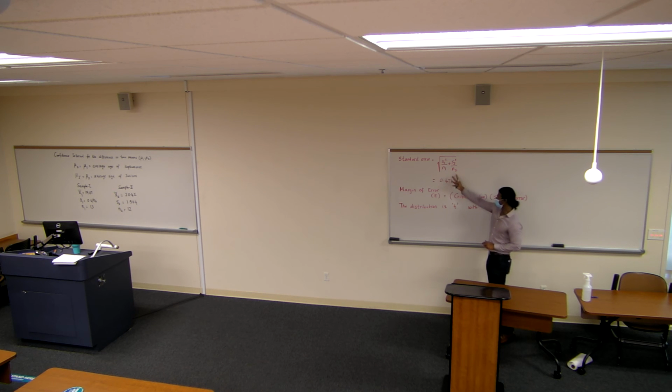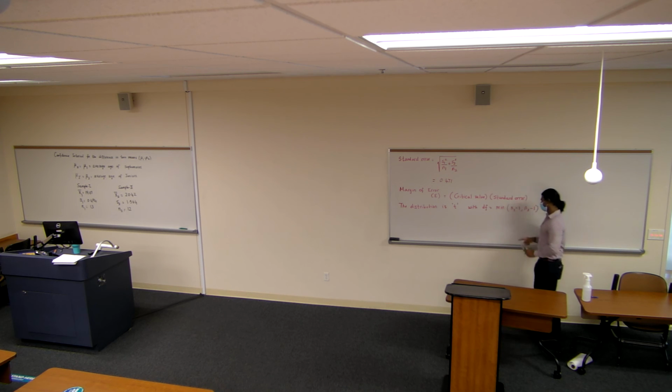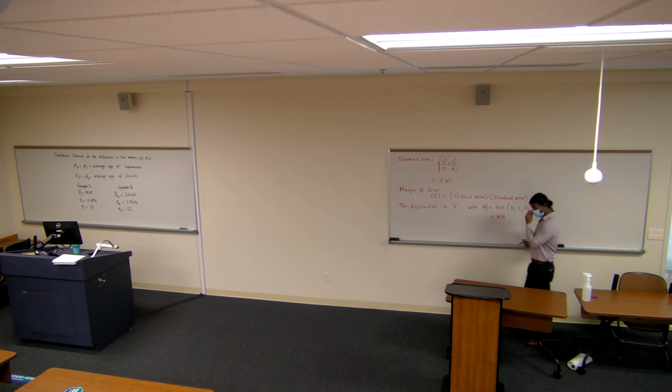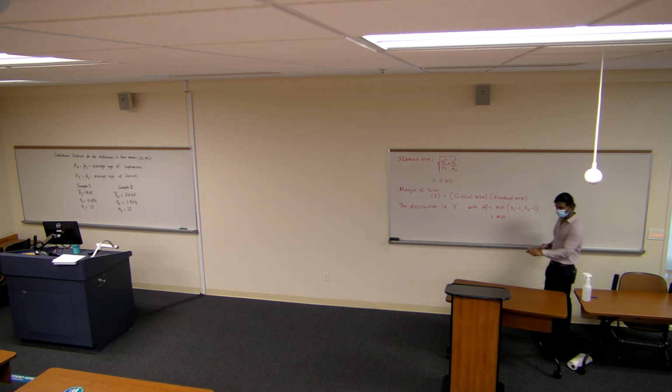Since we have two different samples and two different sample sizes, the degrees of freedom would be the minimum of n1 minus 1 and n2 minus 1. Now this is one of three approaches, so I'm going to do this and then another case, and the last case would be the most accurate one.